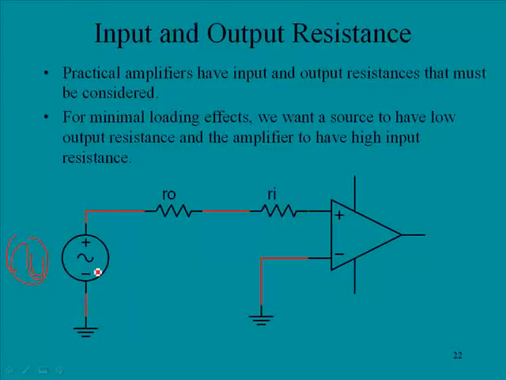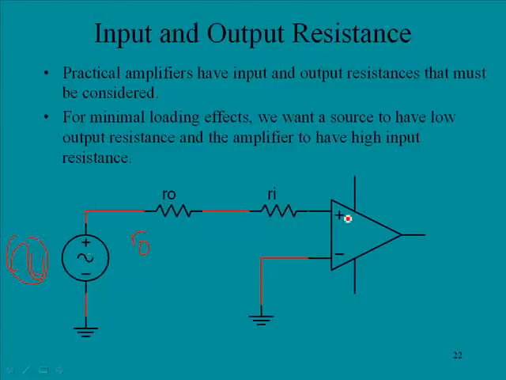Here we have a signal source, and the R_O indicates the internal impedance of our signal source. When we say R_O, we're talking about the output resistance or impedance. Whether you realize it or not, all signal sources have some internal impedance, and when they send a signal, part of that signal will actually be dropped across the internal resistance of the signal source.